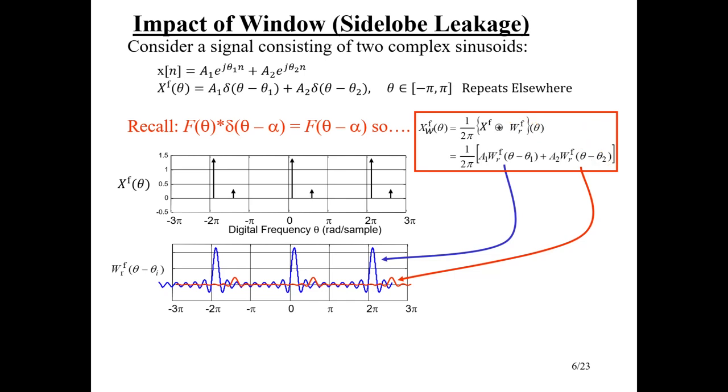So here's an insight that you need to be aware of. This is called side lobe leakage, but it's also called side lobe interference. And here's the thing. Because we're imagining this second sinusoid to be weak compared to the first sinusoid, the first sinusoid has a high main lobe, because it gets multiplied by the A1 out in front, and the second one has a lower main lobe because it gets multiplied by A2.